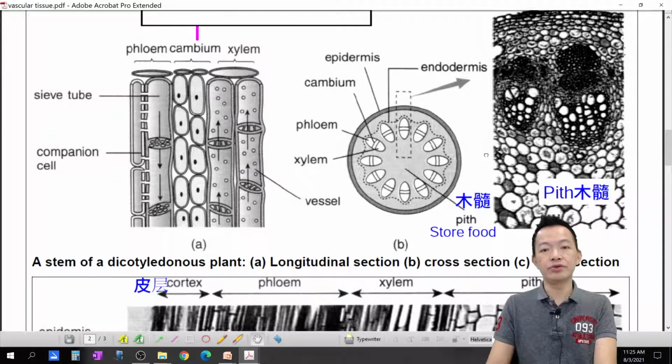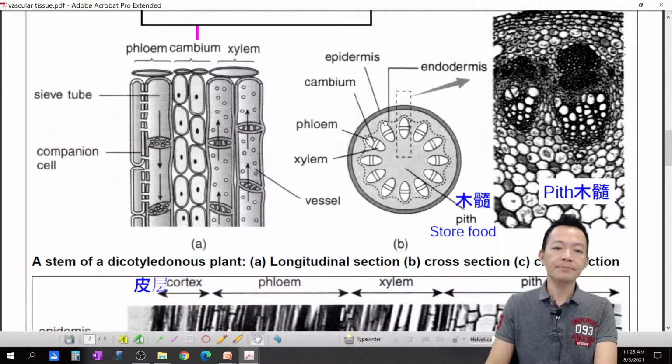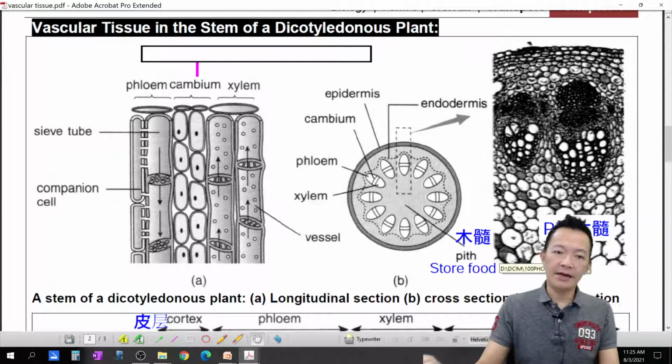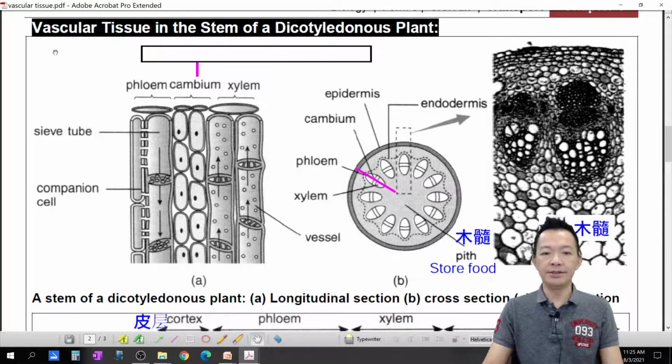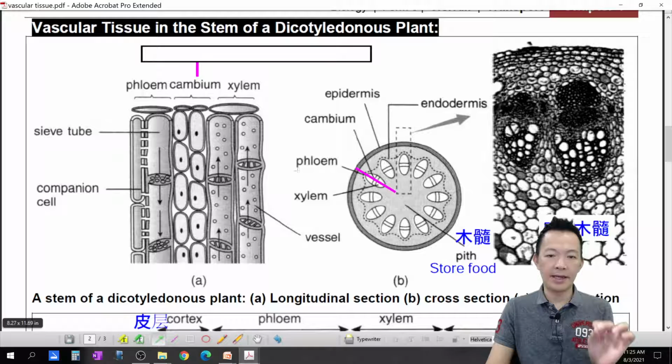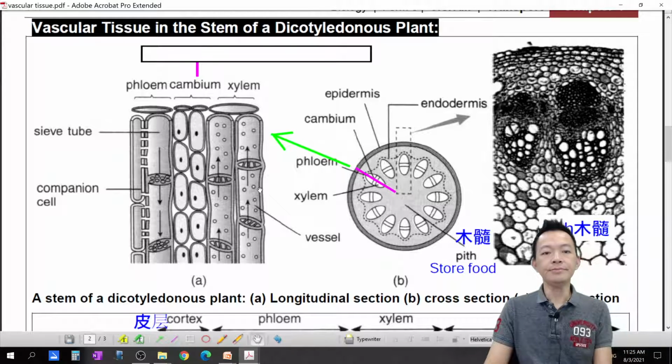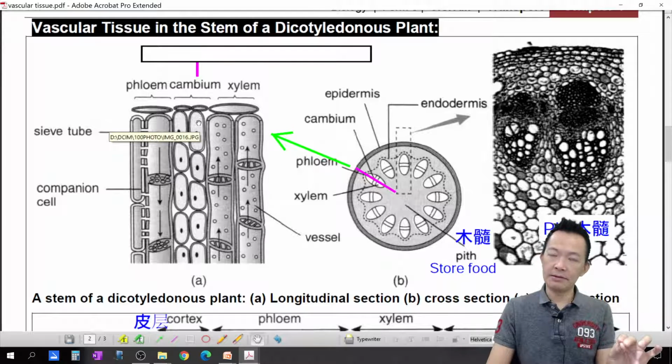Now, if you cut the vascular bundle lengthwise, it becomes another diagram. So xylem tissue, phloem tissue, and cambium is at the center, between the xylem and phloem tissue.